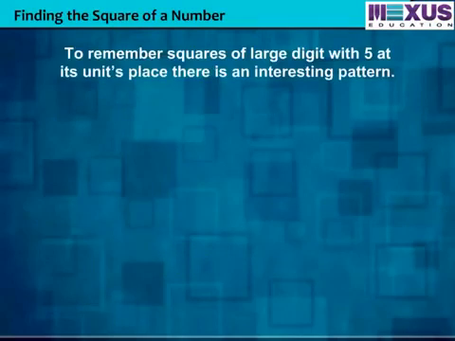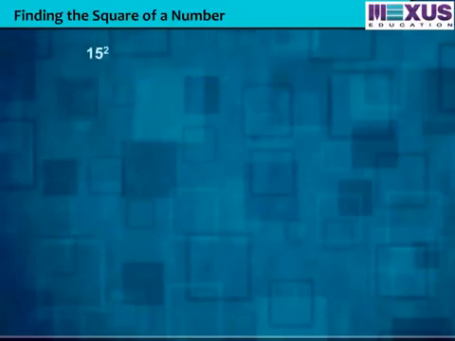To remember squares of large numbers with 5 at the unit place, there is an interesting pattern. Let us learn with a few examples. Consider 15 square. It has 5 at its unit place and is equal to 225, which by expanding we get 1 into 2 into 100 plus 25.